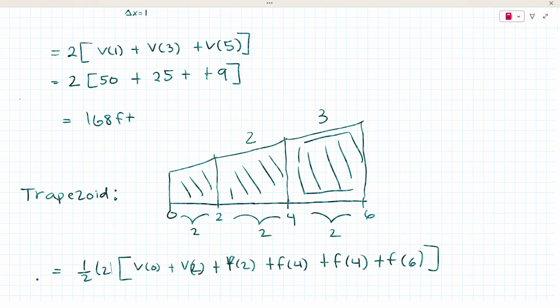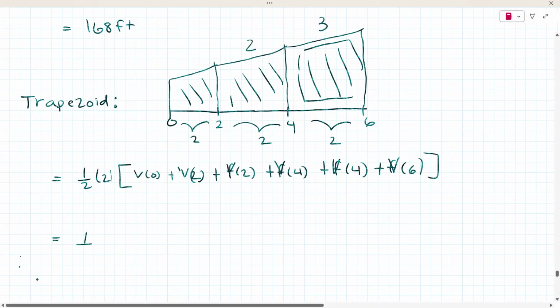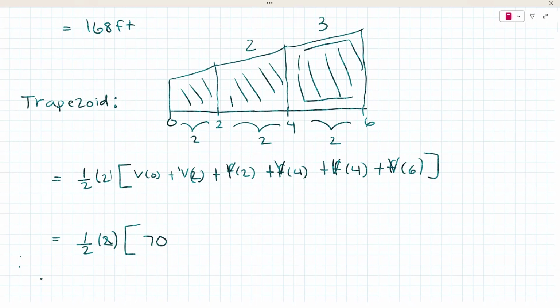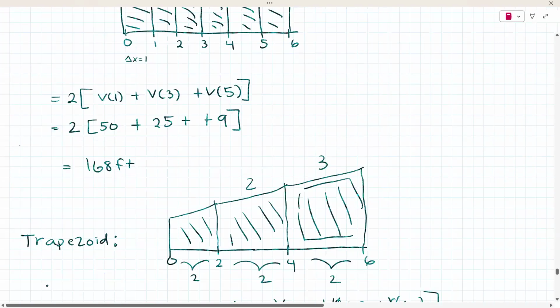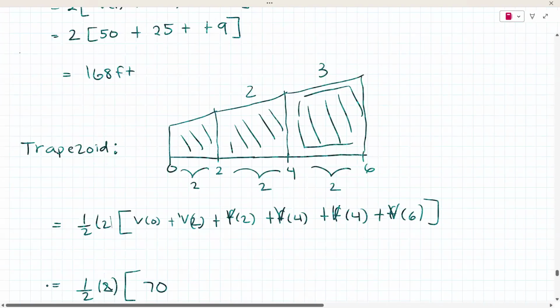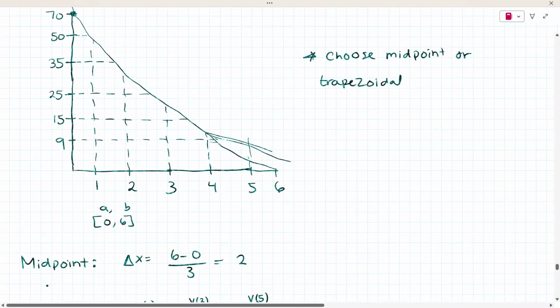It should be v. Okay, that's going to give you 1/2 times 2. V of 0 is about 70. And v of 2 looks like it's about 35.